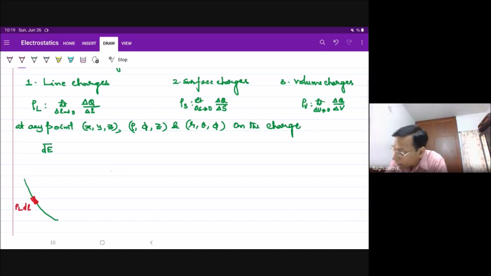Suppose this is the point of interest where I want to determine the electric field intensity because of this line charge. At any point, we consider the line charge element, which is the point charge of charge rho l dl.